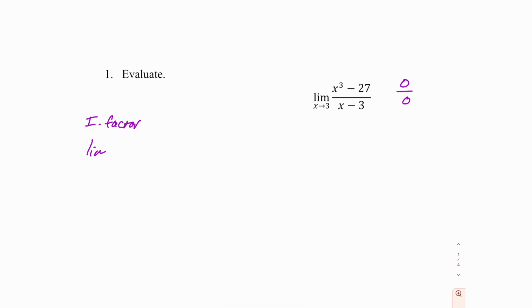So limit as x approaches 3. And I need to factor a difference of cubes. So it's going to be x minus 3 and then x squared plus 3x plus 9. When I have to factor a difference of cubes, I use this, which is the only way that I can personally remember it.